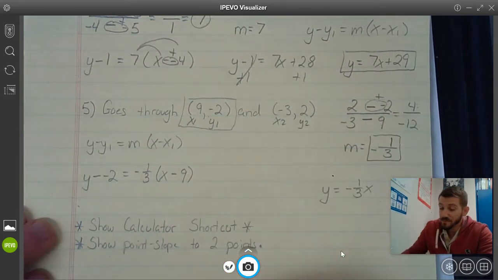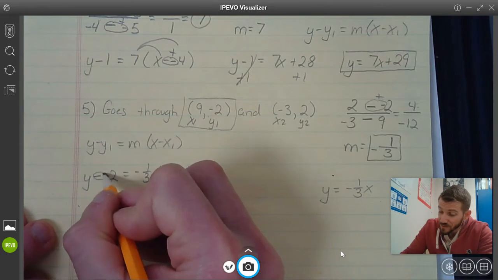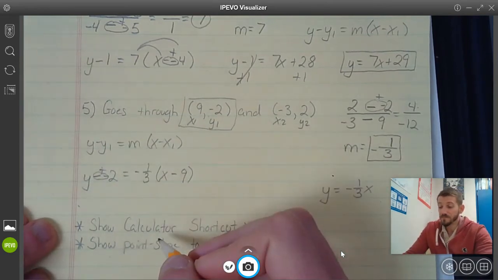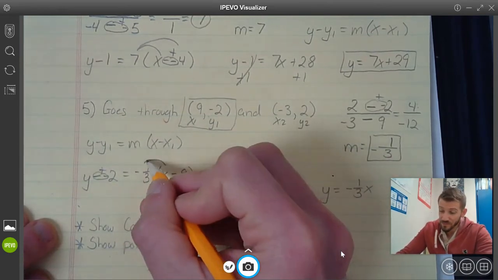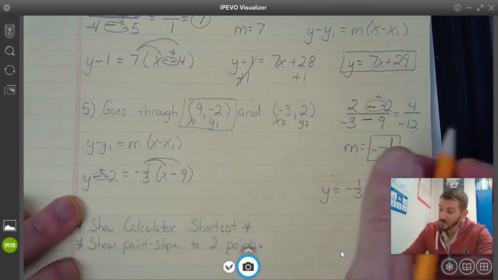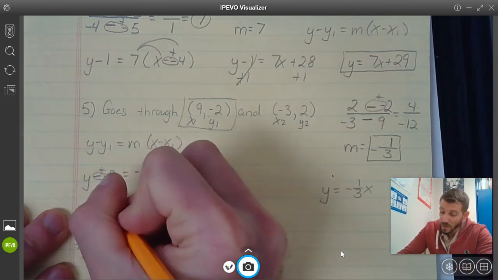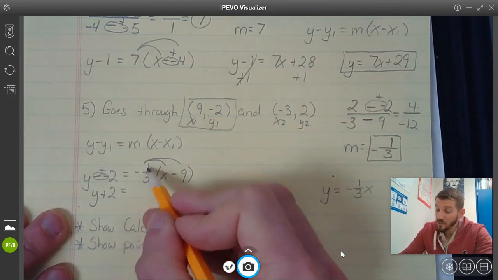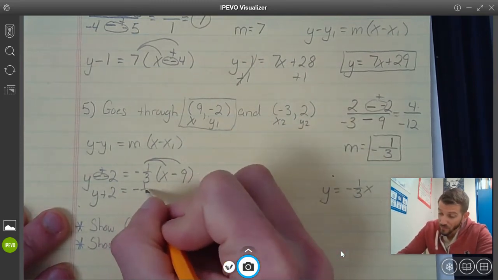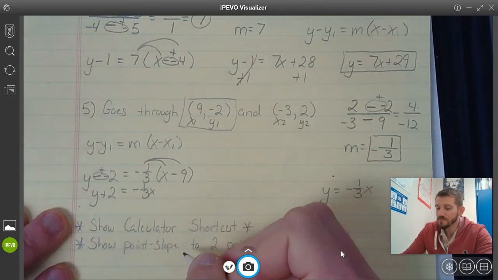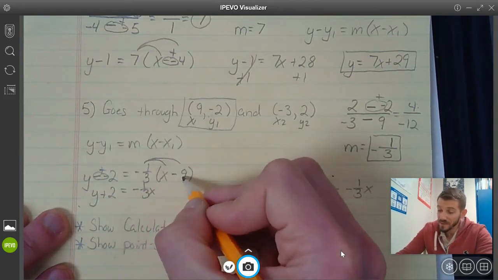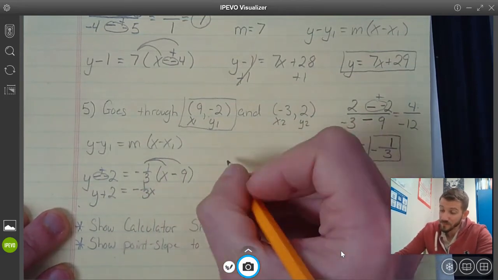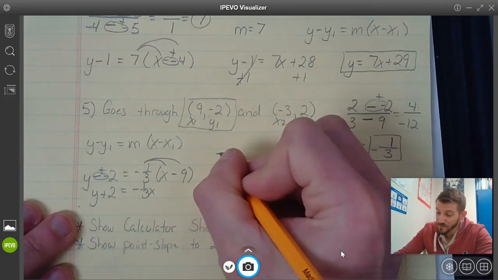Okay, let's solve it. I know this is plus. I have to distribute this. So let's see what we get. This would become y plus 2 equals negative 1/3 times x is negative 1/3 x. And negative 1/3 times a negative 9. If you struggle with that, again, side problem.